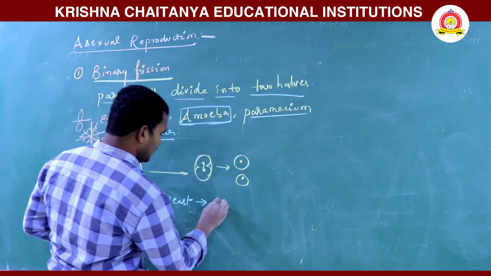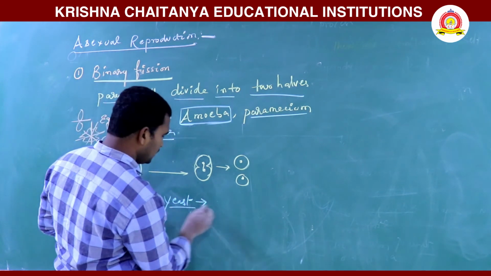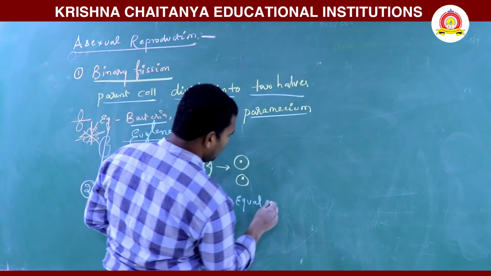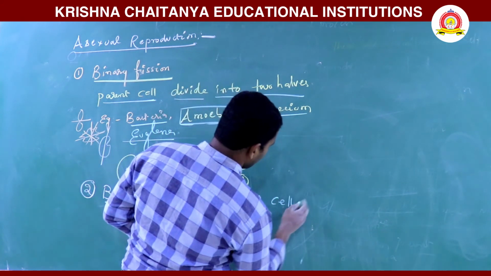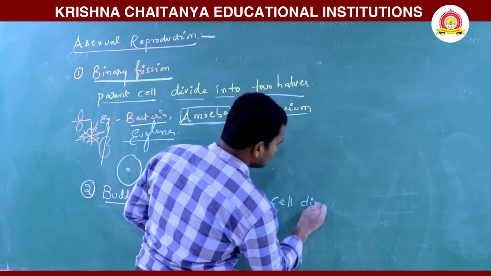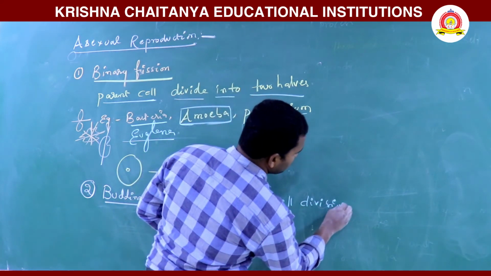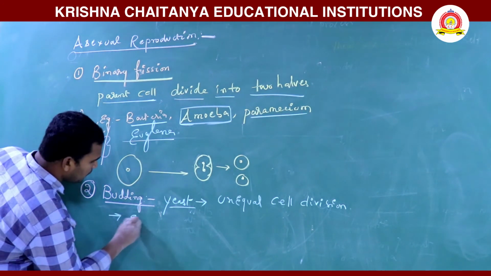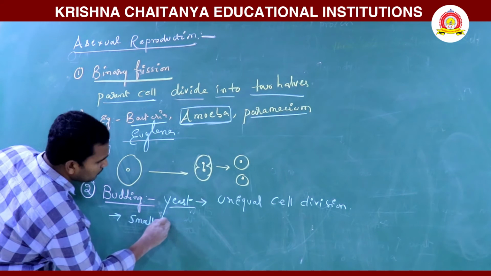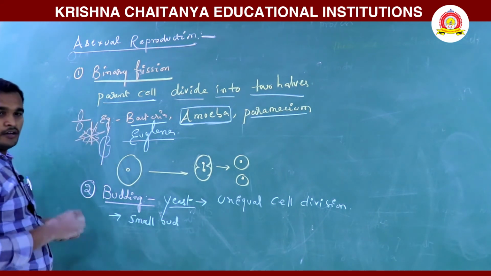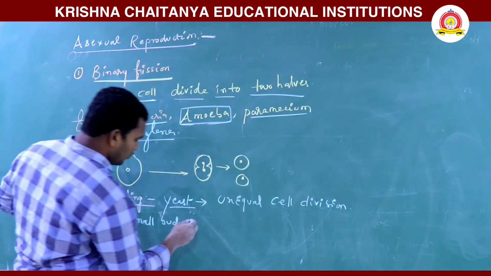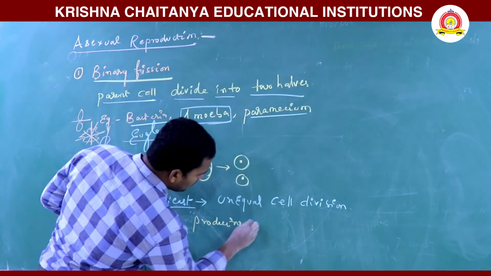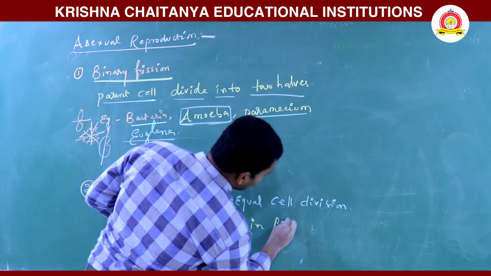Here unequal cell division takes place, which results in small buds produced on the parent body.